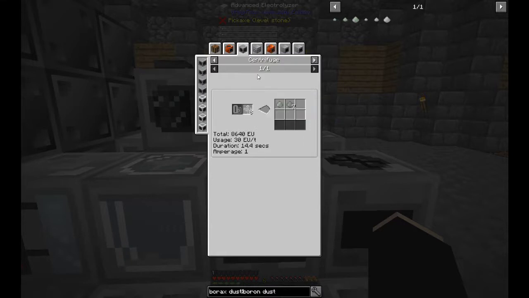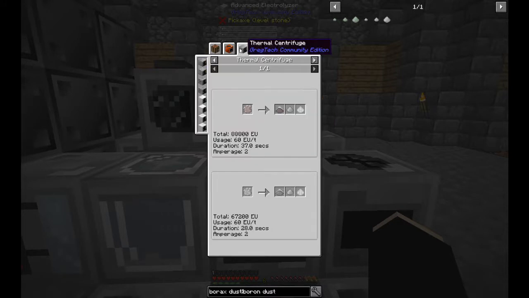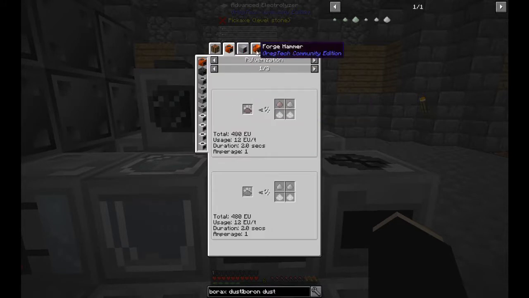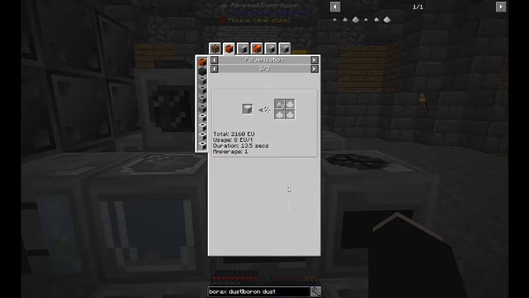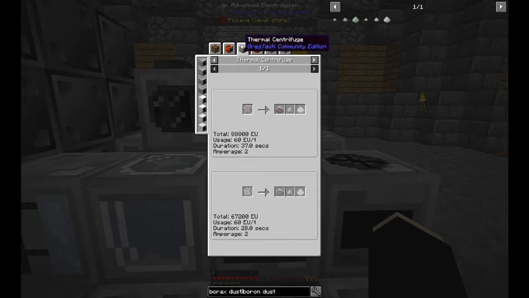We're trying to make this, so we need borax dust to get the boron dust, and that is in the electrolyzer. But borax dust we get from the thermal centrifuge because, again, pulverization, secondary output, right? It's always secondary output, well, unless you have a block, which, if we had a block I wouldn't care so much.